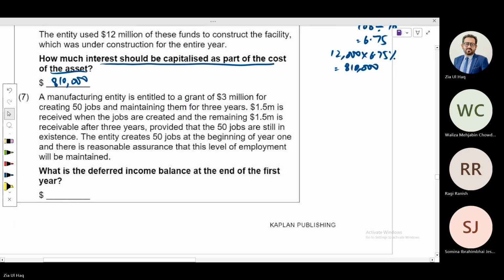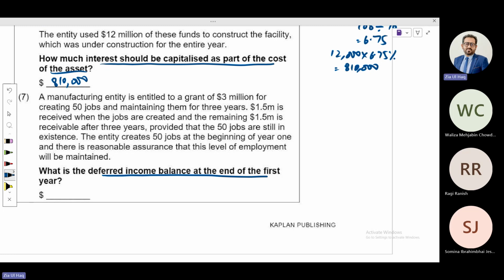Number 7. A manufacturing entity: what we need to calculate is the deferred income balance at the end of the first year. The grant that we haven't used in the current year, we need to record as deferred income. A manufacturing entity is entitled to a grant of 3 million for creating 50 jobs and maintaining them for 3 years.